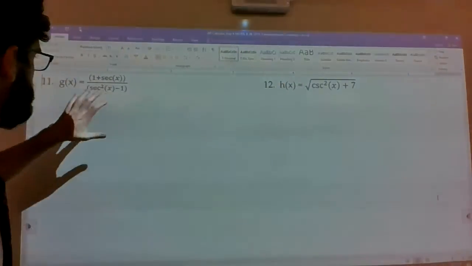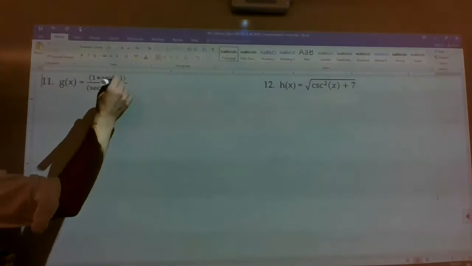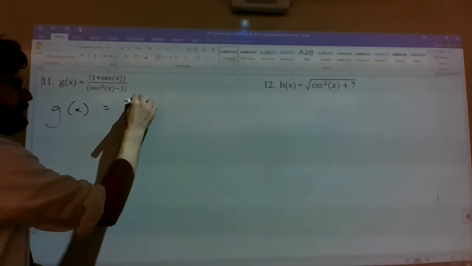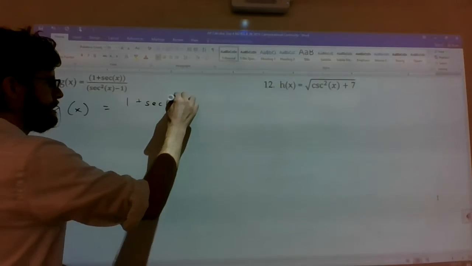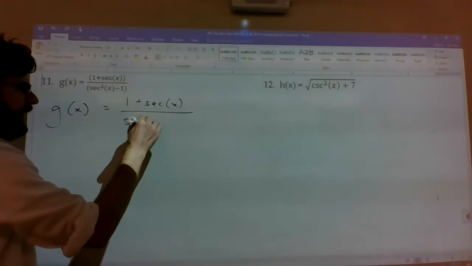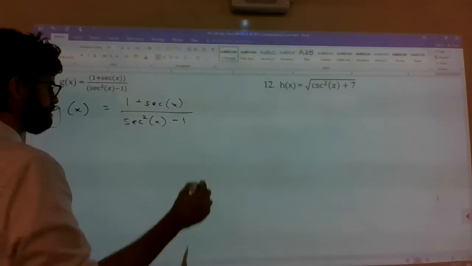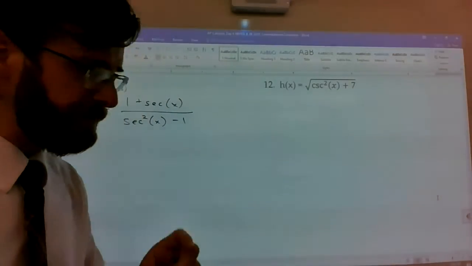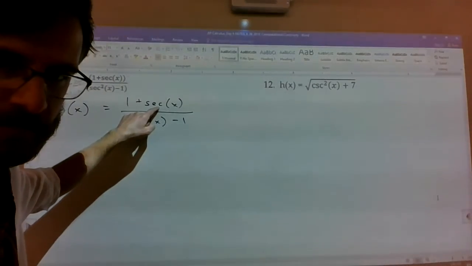So on our top one, number 11, we got a rational function where it says 1 plus the secant of x divided by secant squared of x minus 1. So this has several issues. The first being that there's a secant in there.